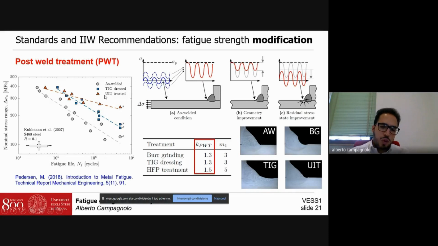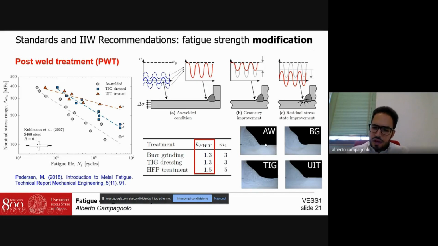By using the ultrasonic impact treatment, we can again increase the fatigue strength and also change the slope of the curve. The standard recommendation suggests a K factor, a correction factor, to increase the fatigue strength to account for this behavior.